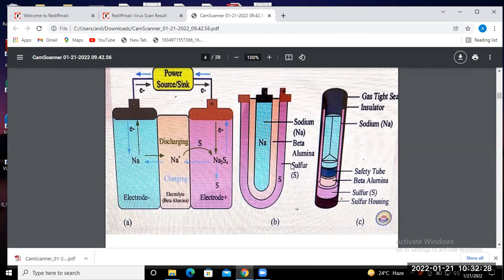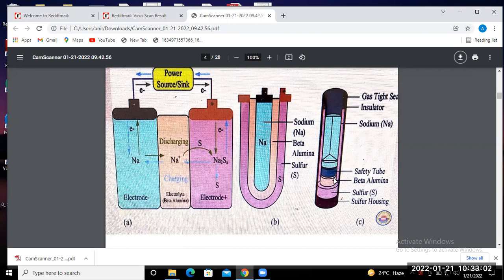Okay, and so in one diagram, this is how we can place it in a cylindrical container. Inside, the sodium liquid is placed in the cylindrical structure, and below that, one safety tube you have to place, and then the electrolyte separates the sodium and the sulfur.